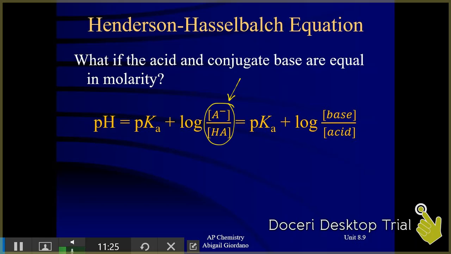And ladies and gentlemen, if you're familiar with logarithms, the logarithm of 1 is equal to 0. So this whole term is equal to 0. And what does that mean? That means that if the acid and the conjugate base, or in the other type of buffer system, the base and its conjugate acid, are equal in their molarity, the pH will be equal to the pKa.